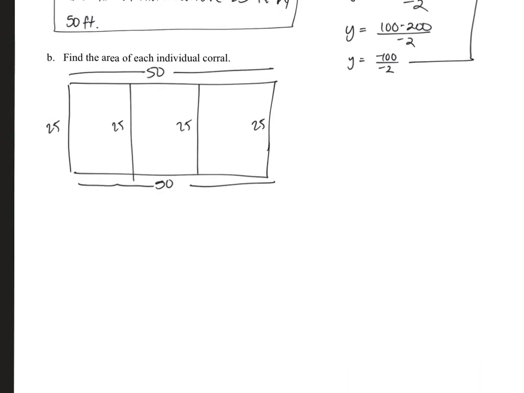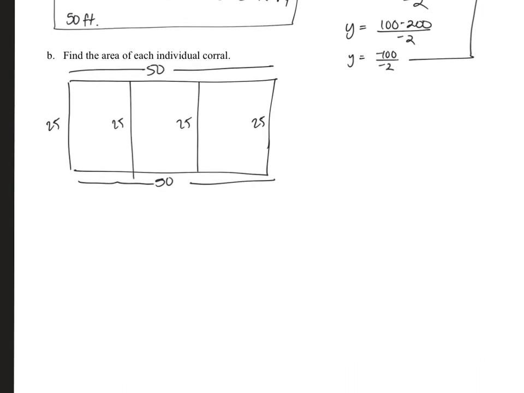So the area of each individual corral. Remember, we mentioned that they're supposed to be the same dimensions, which means each area will be the same as this one. And how do we find the area? Well, the area of one of these is going to be the base times the height. And the base is a third of 50.